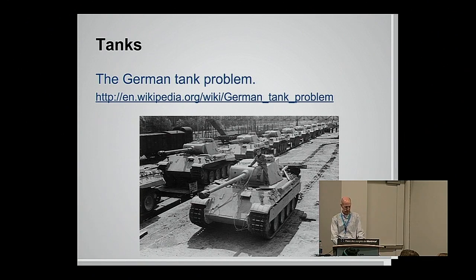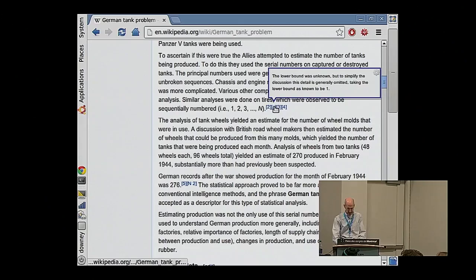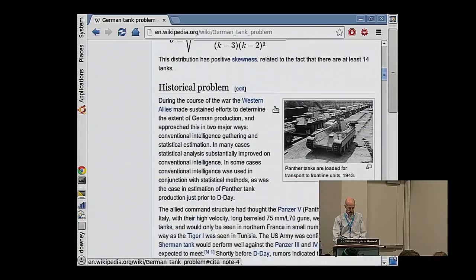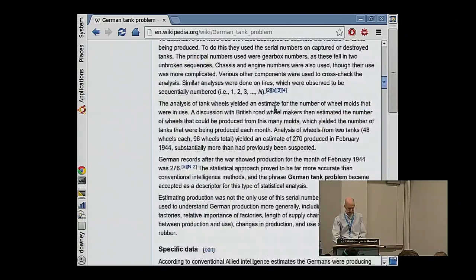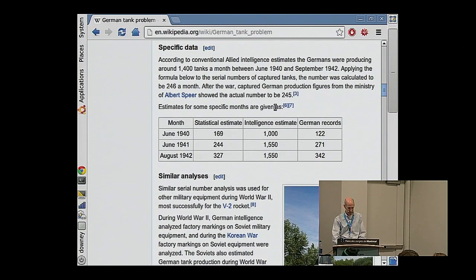If you go to this Wikipedia page, there's some data there that was taken from a paper written after the war. These were a couple of the monthly estimates for the number of tanks the Germans had produced. The statistical estimates on the left were based on a method very similar to what we just did.